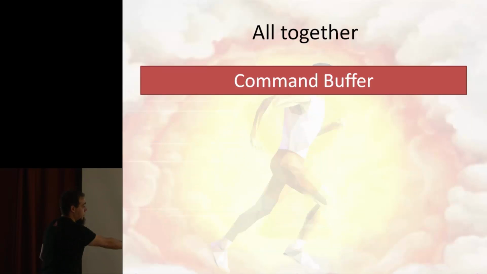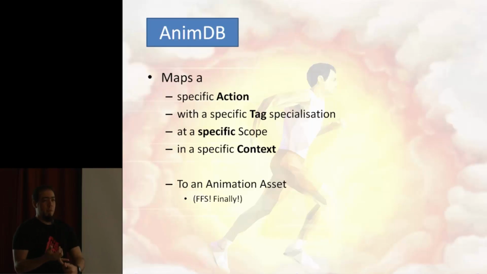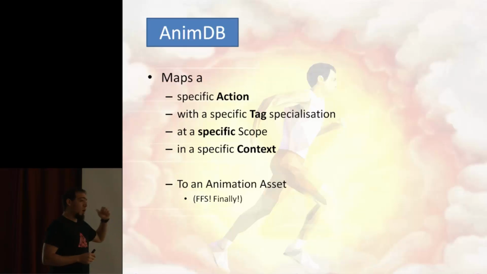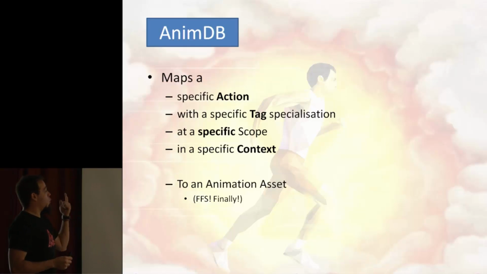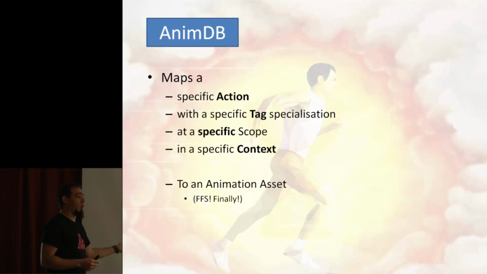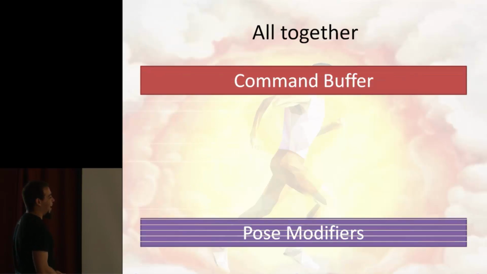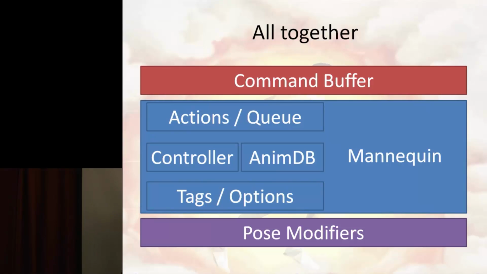Let's take this example. So I'm going to do the reload epic weapon on upper body with 3P for that animation. But what if someone gives me an animation that looks completely different for our spider character? Spiders somehow can wield now pistols. And so I can do a mapping of a specific action on the spider with the epic weapon tag on the upper body only, whatever that is in the spider, in a specific context on third person to a different animation asset, and the only thing that would change in this entire queue that builds our character is this part.